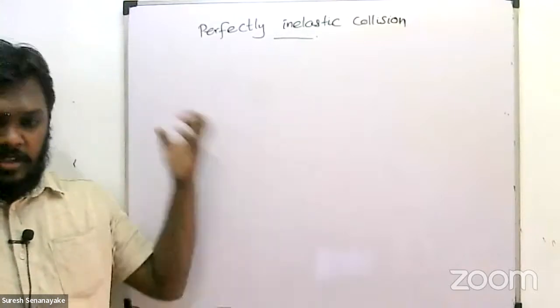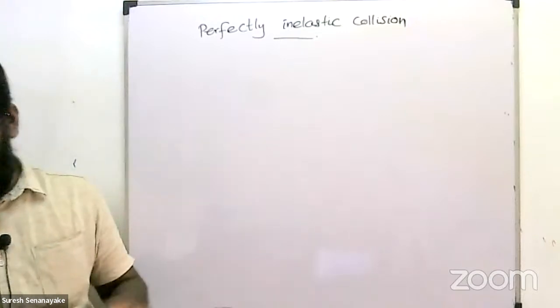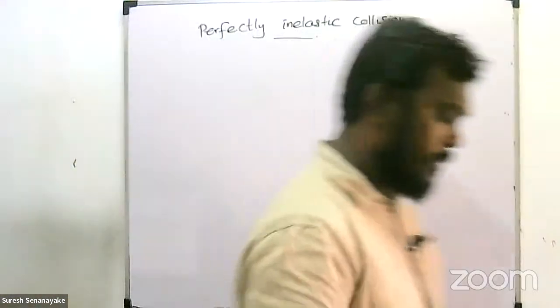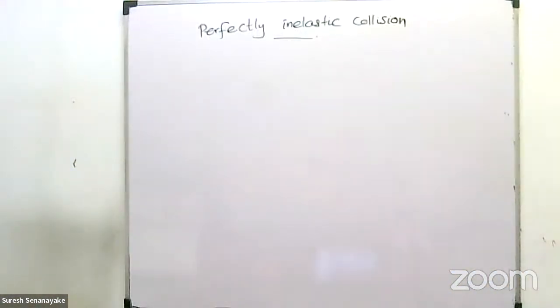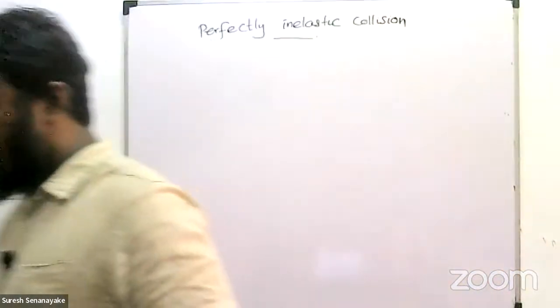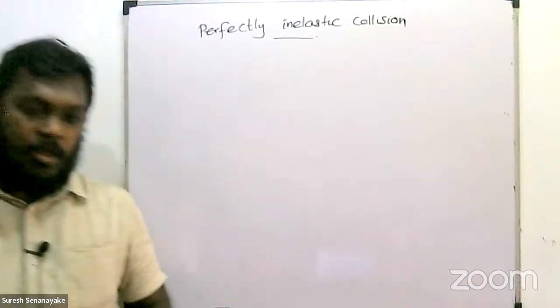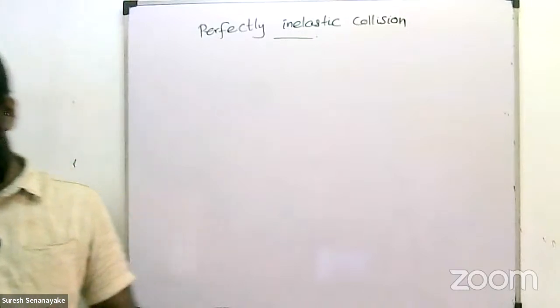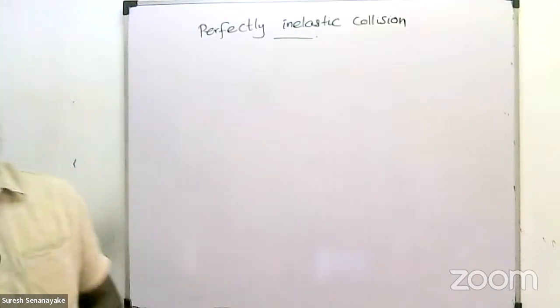Let's write under this. Consider two bodies of masses m1 and m2, moving with velocities u1 and u2 along a straight line.